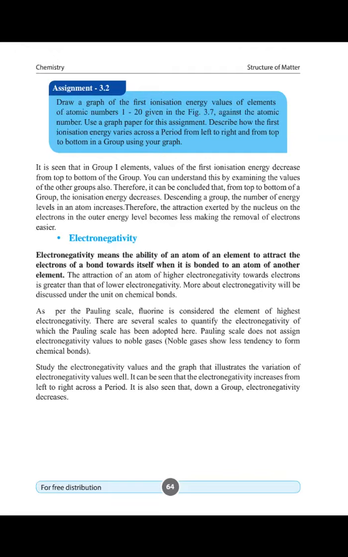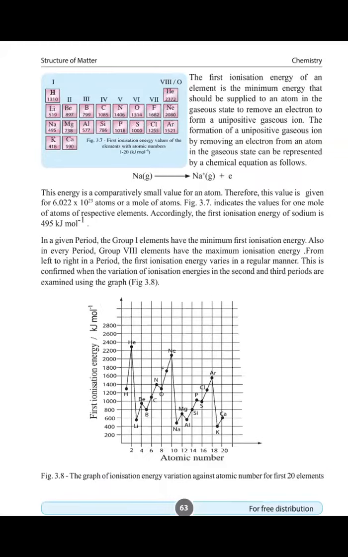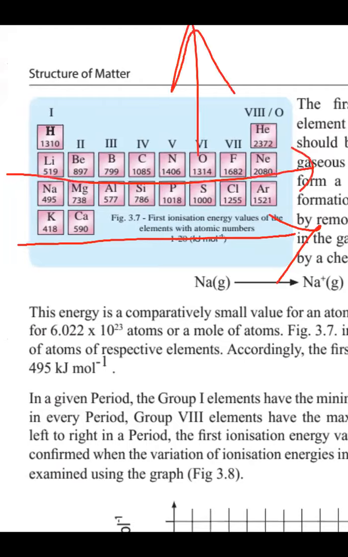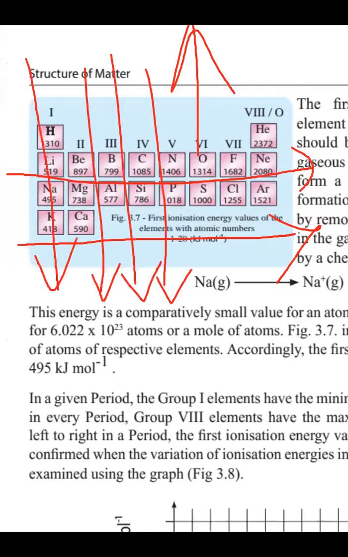Now, if you go from left to right across a period, the electronegativity increases. If you go down a group, electronegativity decreases. According to the Pauling scale, in a period, if you go like this, the electronegativity increases. If you go down a group, electronegativity decreases.